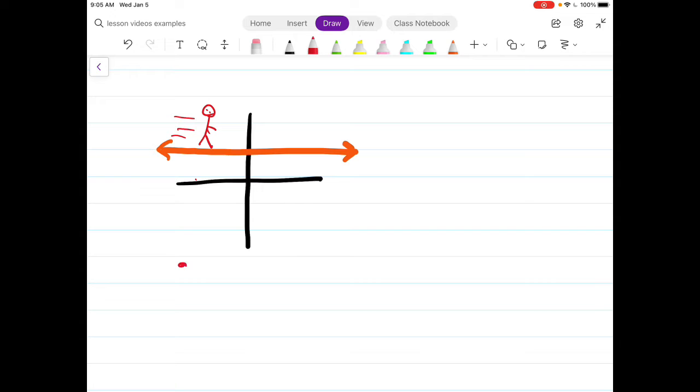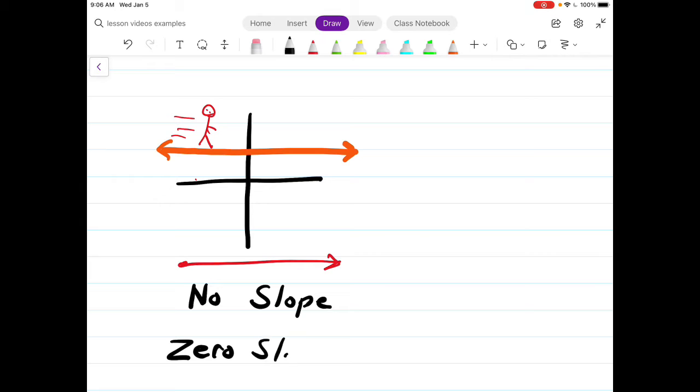And as you travel from left to right, it does not go up, it does not go down, but it does go left to right. Well, you can determine this has no slope, and some people call it zero slope. So no slope, zero slope as you travel left to right.